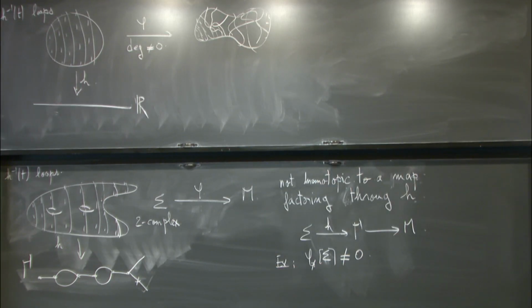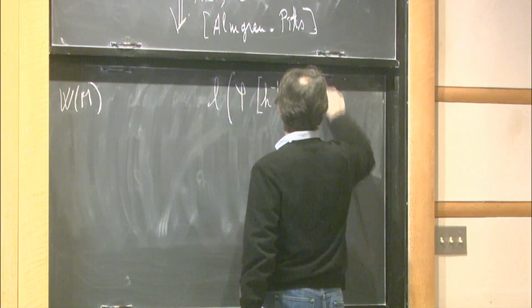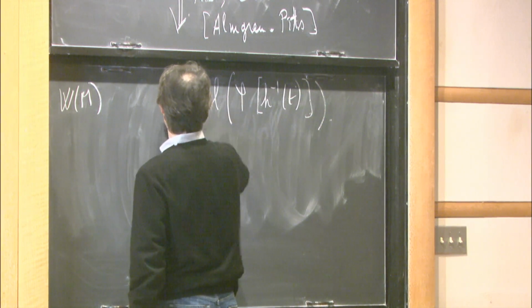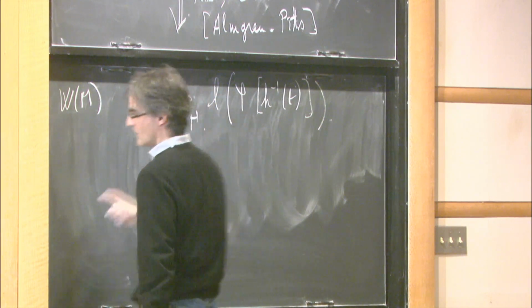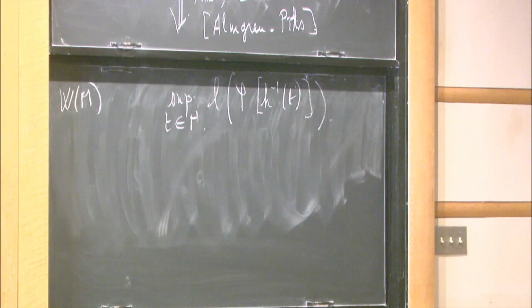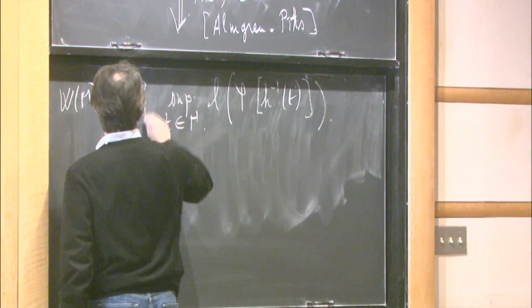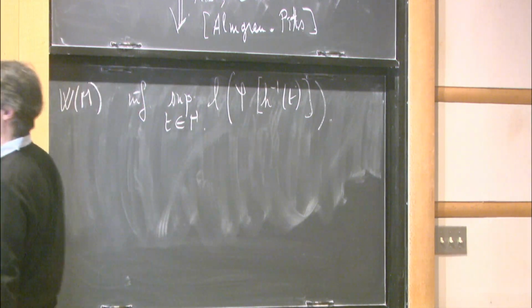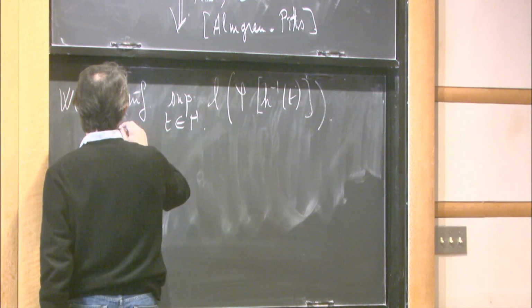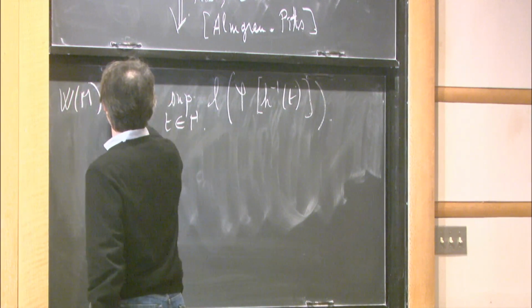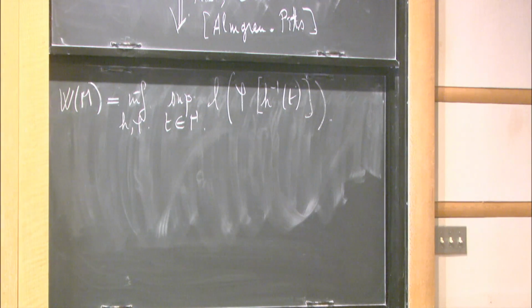You look at the length. Then you take the supremum over all the loops, and then you take the infimum over everything else, over H and phi. Okay, so that's a notion of width for one parameter family of cycles.